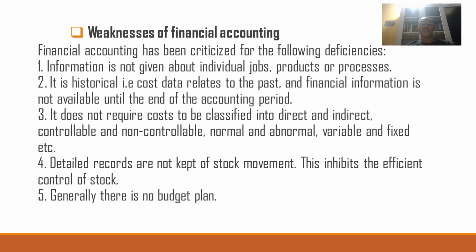Number one, information is not given about individual jobs, products, or services. But cost accounting helps you to know the cost of individual job, product, or service. Are you getting my point? That is very, very important. Then number two, financial accounting records past data. It has to do with historical data.